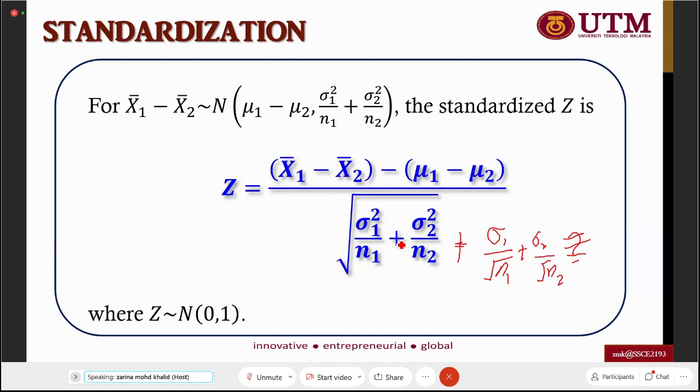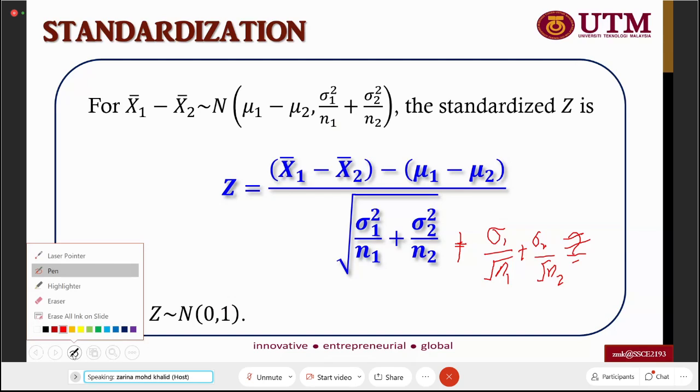So to avoid making the same mistake, what you have to do is simplify at this stage. You simplify first and then get the square root of the simplified value. So that is the standardization. When you standardize, everything else will be just the same as what you did last time.